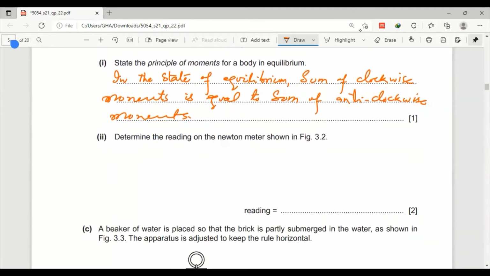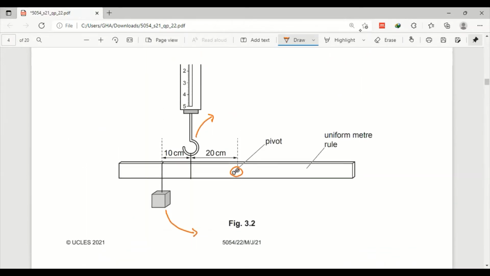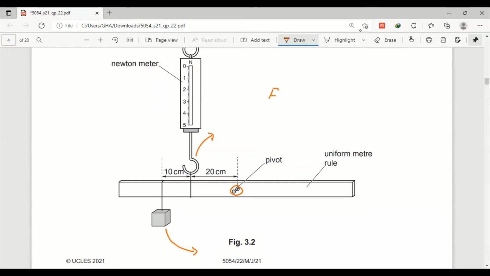And the next, determine the reading on the Newton meter shown. So we will apply the same rule, clockwise moments, F1 D1, exactly equal to anti-clockwise moments. So F1 D1 is equal to F2 D2. So we attempt it here. This F1, suppose this one, it is 3 Newton. Its distance from the pivot, 10 plus 20, it's 30. But we have to convert this in meter, divided by 100.